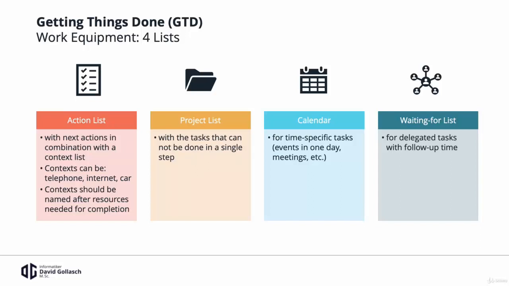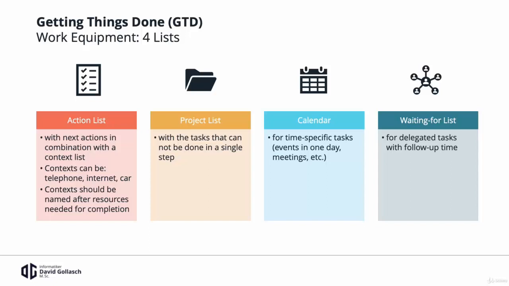And last but not least, the fourth list is the waiting for list. So the list of all those tasks that could not be performed and fulfilled by you directly, but those tasks you have delegated to someone else, but you want to keep track of the progress of this task, so you need to follow up those tasks and put them onto your waiting for list.